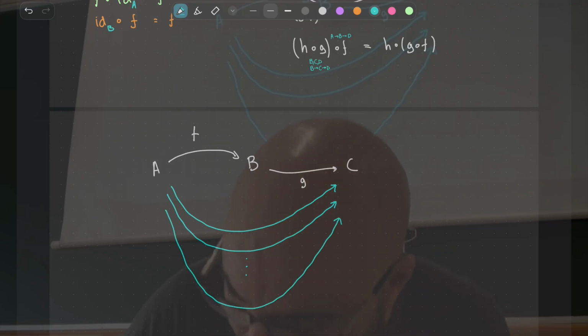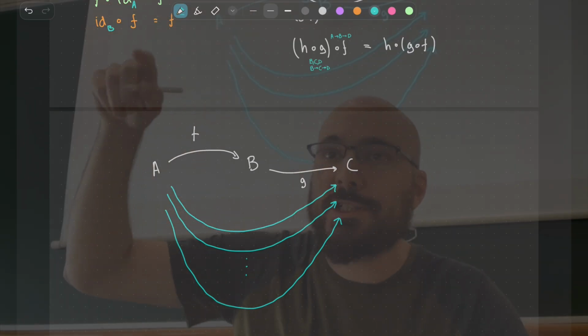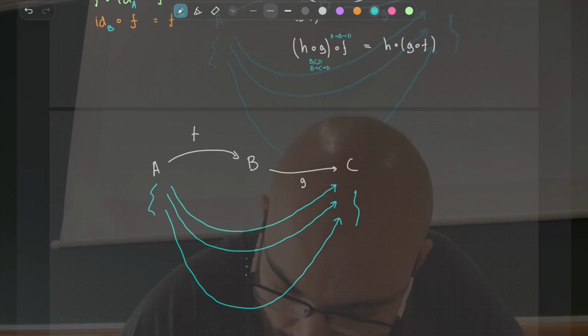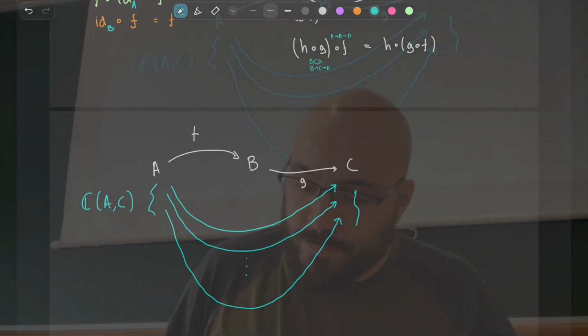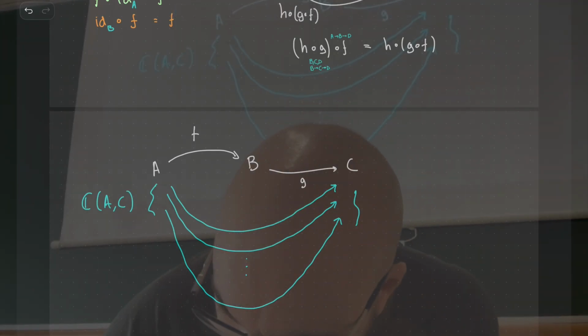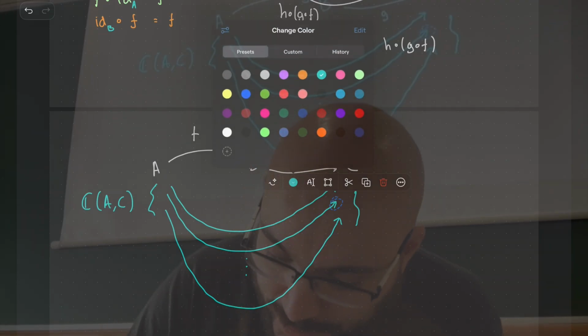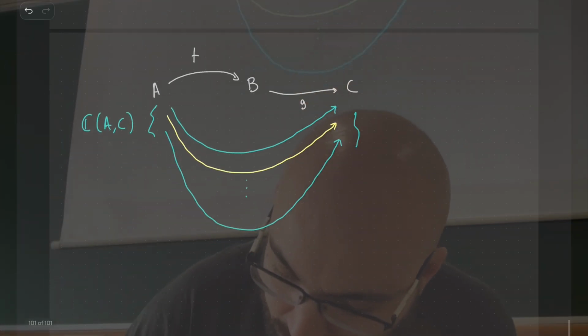Somebody help me with the notation. The blue things, I have a name for their collection. What? CAB, okay, so this set, if you like, this is CAB. Thank you, CAC. So out of this, you have to select one, to tell me what will be designated as the composition of G of F.